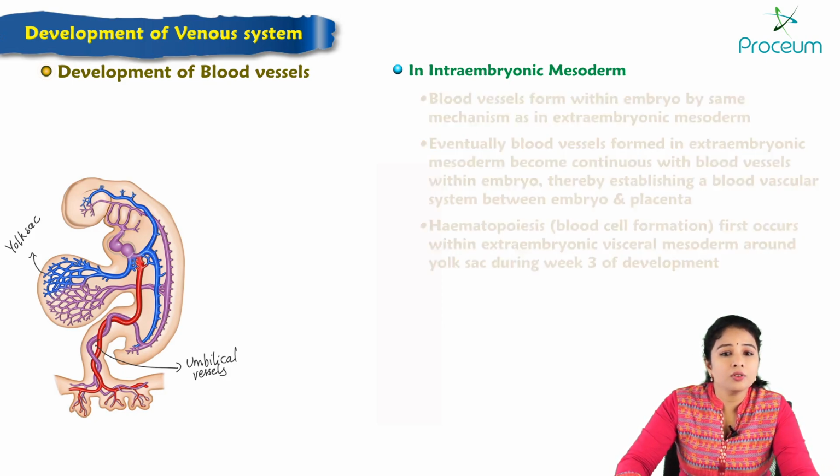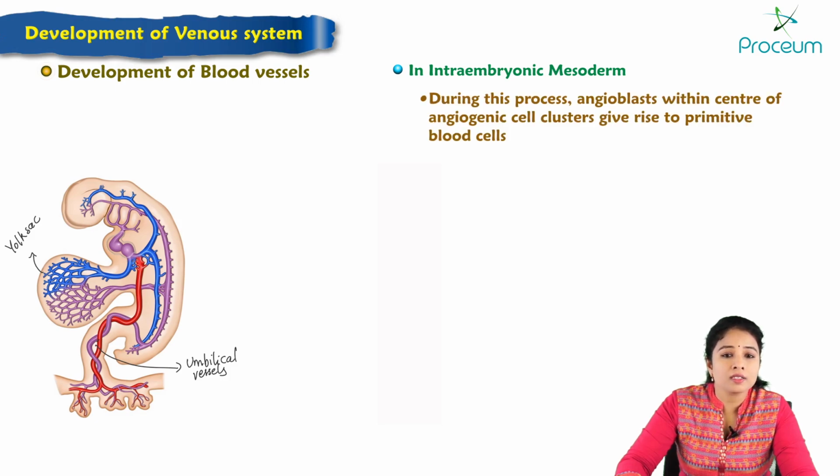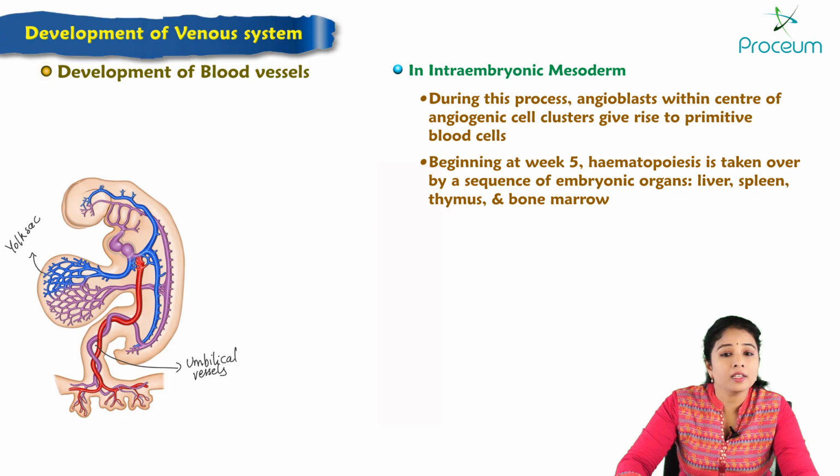During this process, angioblasts within the center of angiogenic cell clusters give rise to primitive blood cells. At the beginning of the 5th week, hematopoiesis is taken over by a sequence of embryonic organs like liver, spleen, thymus and bone marrow. So that was about the development of blood vessels and blood cells.